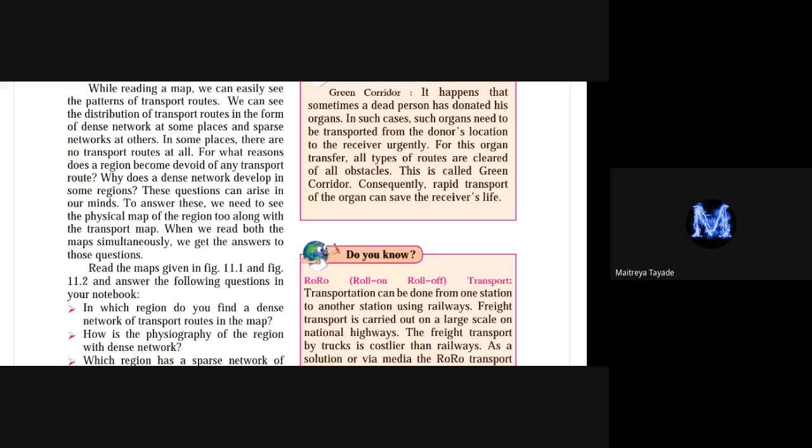Why does a dense network develop in some regions? On the other hand, in some regions there is a very dense network, there are railway lines, roadways, and airports. And in some regions there is no route at all.